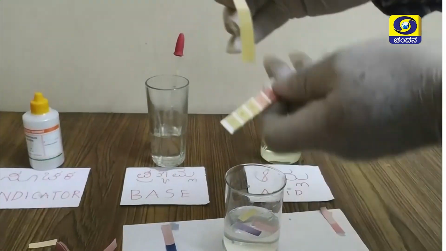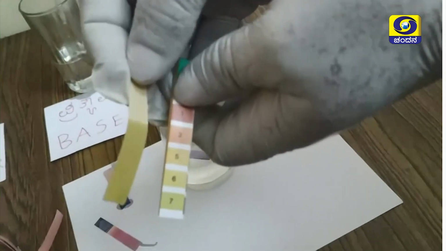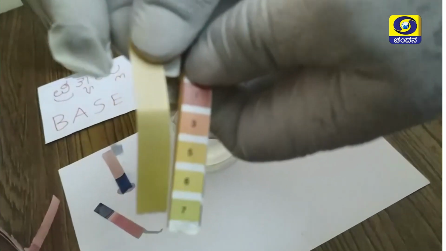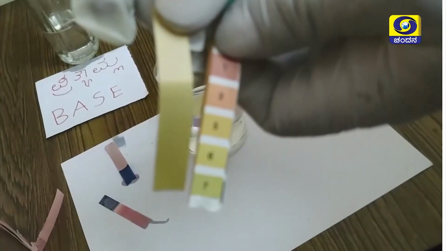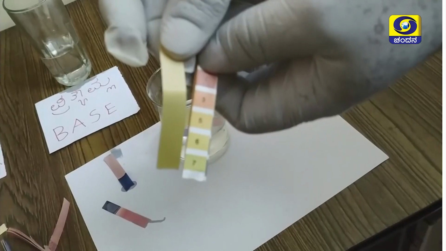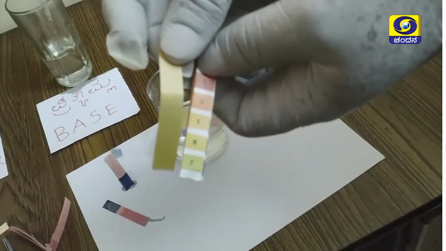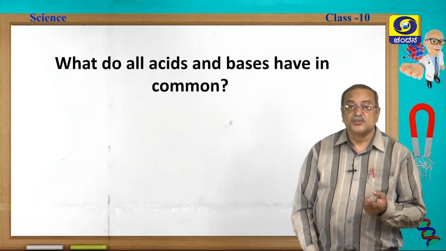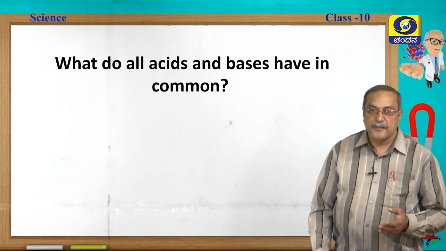See the color match, it is showing near the 7 is green color, light green color is there. So, this is neutral. That means, this reaction we call it as neutralization reaction. Now, we saw what is the chemical reaction, that means neutralization reaction, how it has been happened.